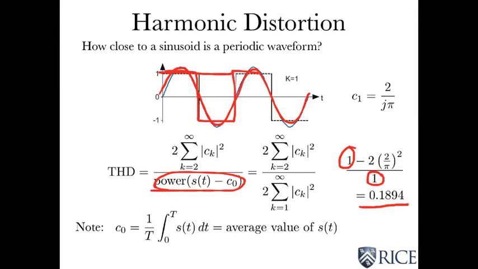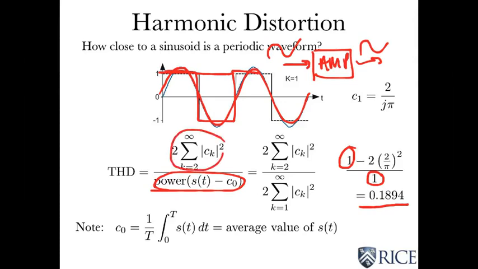The idea, in audio, is that you want to assess how linear an amplifier is. If the amplifier were perfectly linear, if you put a sine wave into your amplifier, you should get out a perfect sine wave, which would make the harmonic distortion 0 because all of these are 0.